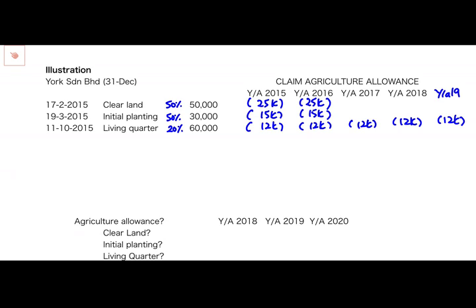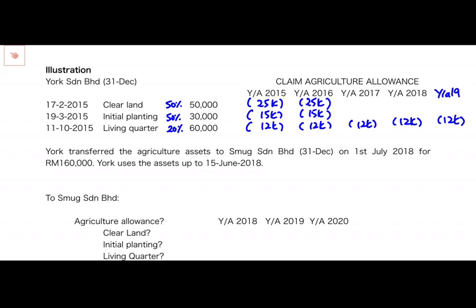Now, I'm going to change this answer because that's not what the example is all about. You're done? Okay, now read this. York transferred the assets to SMART on 1st July 2018 for 160,000.